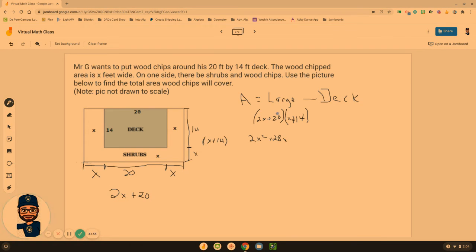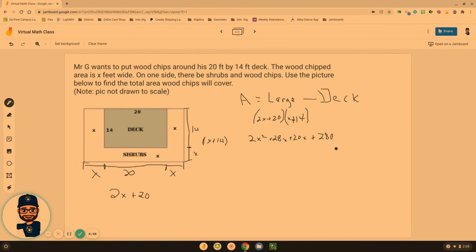Now the second part is to do the 20 times both of those. 20 times x is 20x, plus 20 times 14, which is 280.